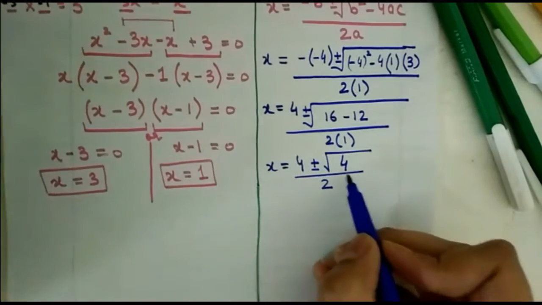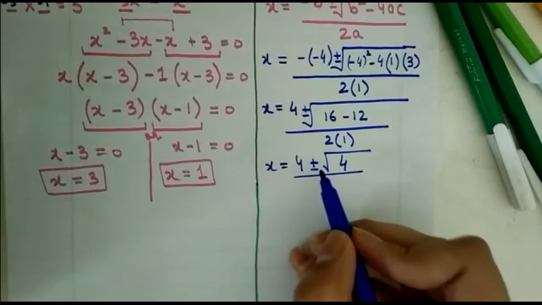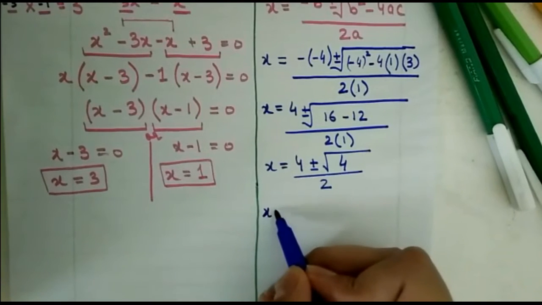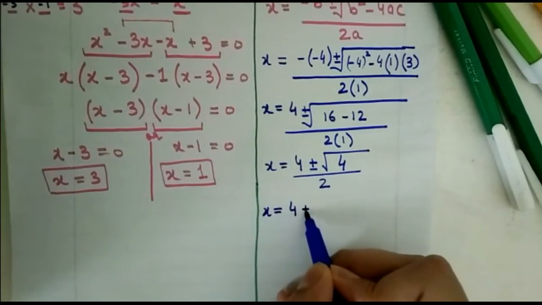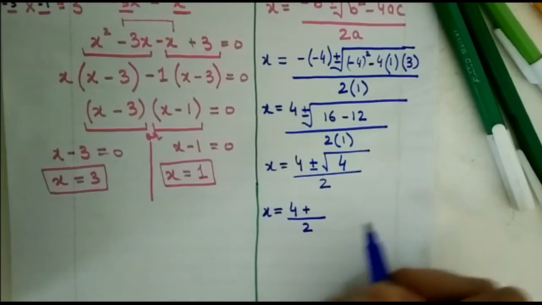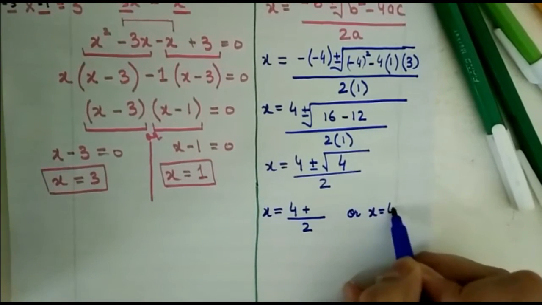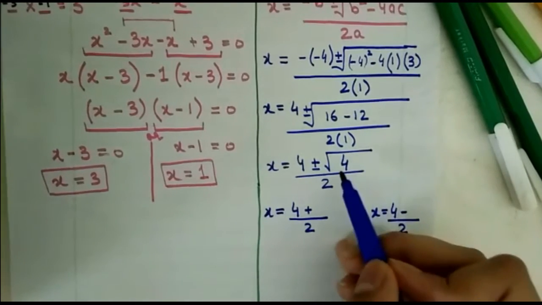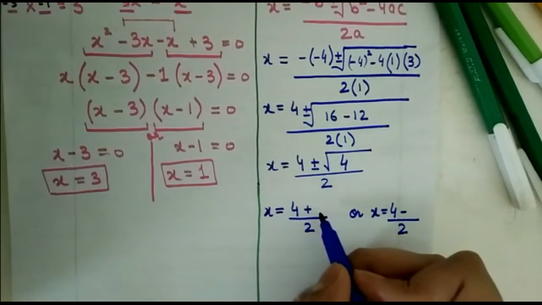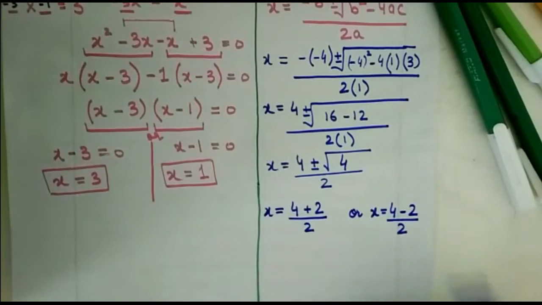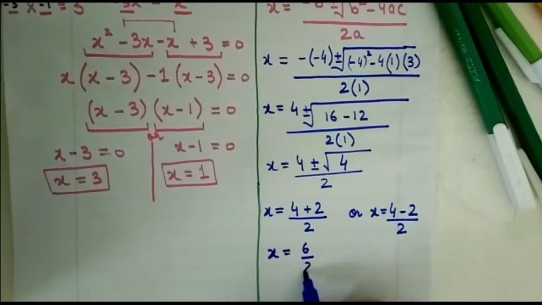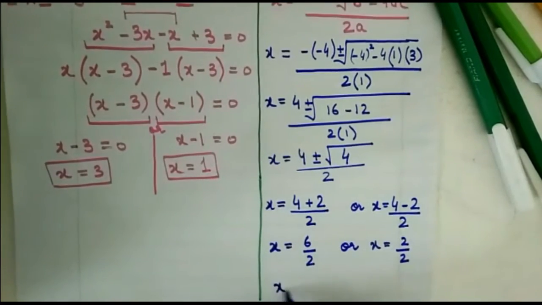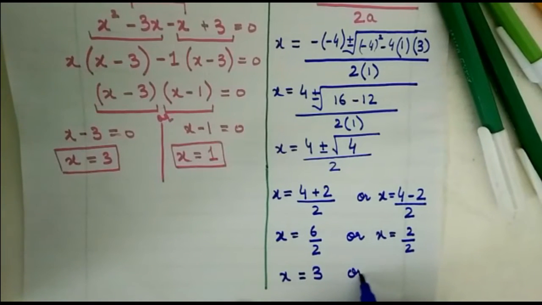Now I have to solve this under root, and I'll get two answers for the under root, one positive and one negative. 4 as it is, one answer in positive, or 4 as it is, one answer in negative. One answer for the under root, remember. Now the under root of 4, as you all may be aware, is 2. So x equals 6 by 2, or x equals 2 by 2. We get x as 3, or we get x as 1.